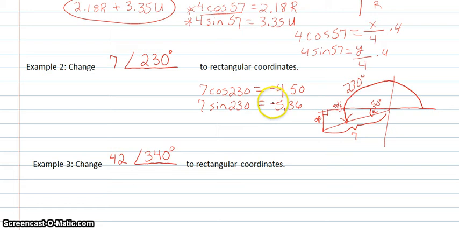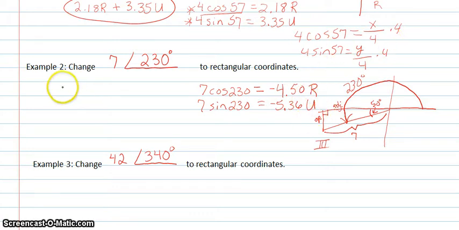Now you'll notice there's signs. This should be a negative and negative because we are in the third quadrant. The x would be negative and the y would be negative there. So they give the x an r, the right and left one, and they give the y a u, the up and down one.